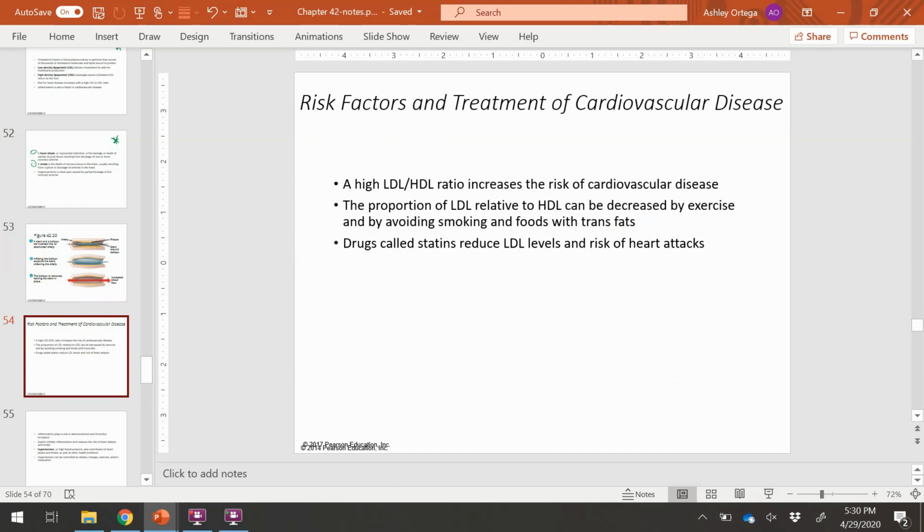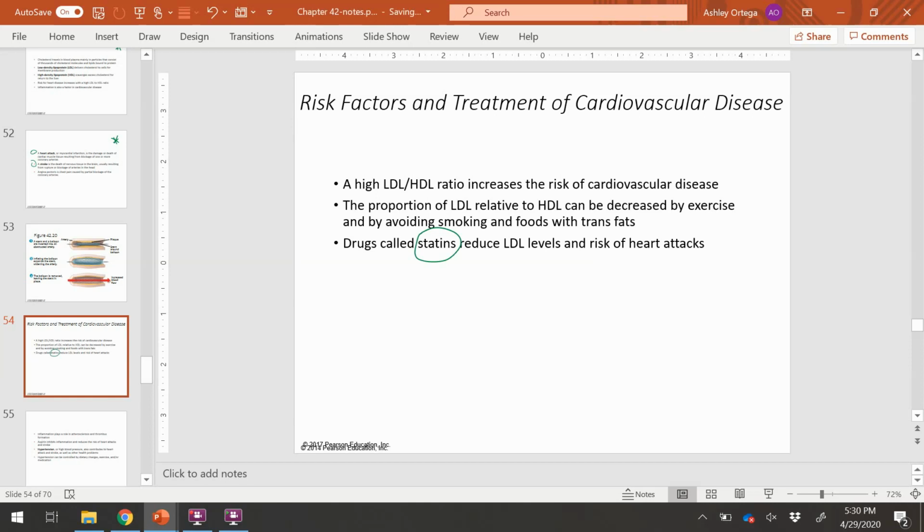And so here we can see risk factors and treatment of cardiovascular disease in terms of the LDL, HDL ratio. Exercise, diet, and avoiding smoking can help with controlling the proportions. When necessary, drugs, a whole class of drugs that end in statin, like atorvastatin and rosuvastatin, can reduce LDL and risk of heart attacks.